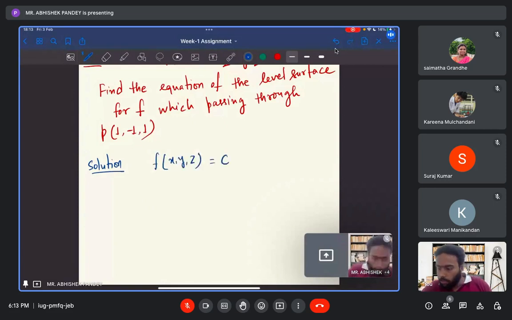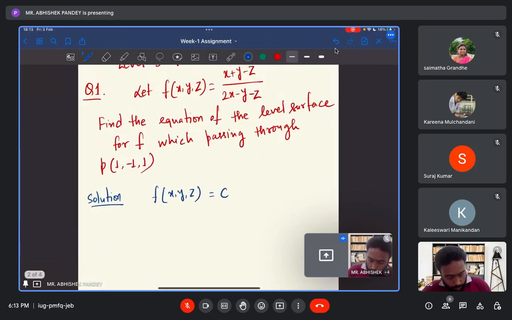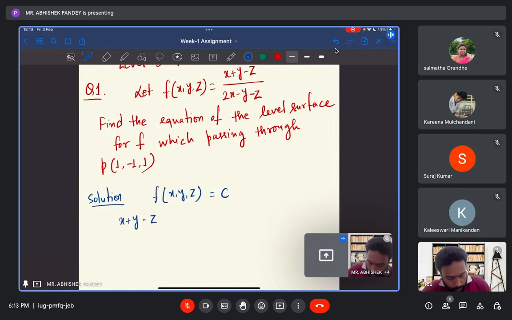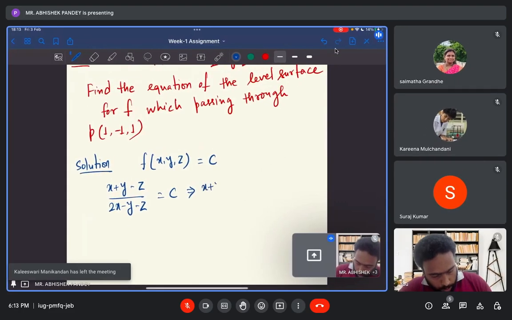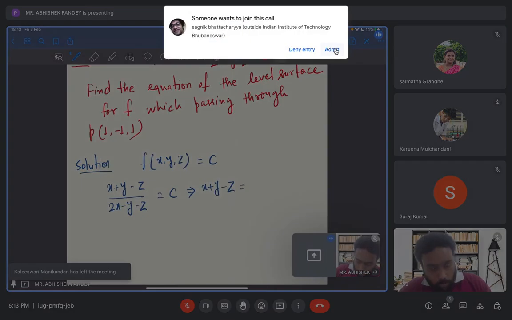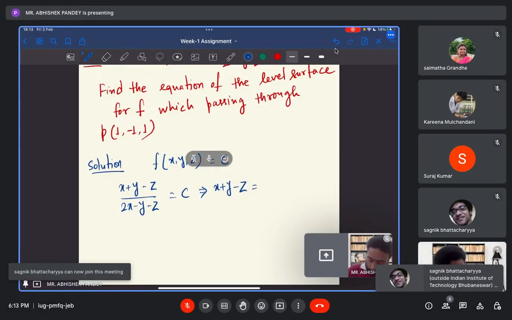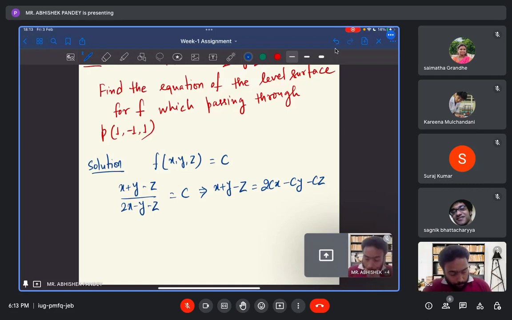Here f of x comma y comma z is x plus y minus z upon 2x minus y minus z equals c. This implies x plus y minus z equals 2cx minus cy minus cz.